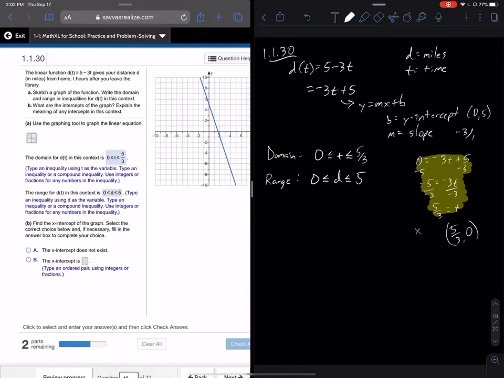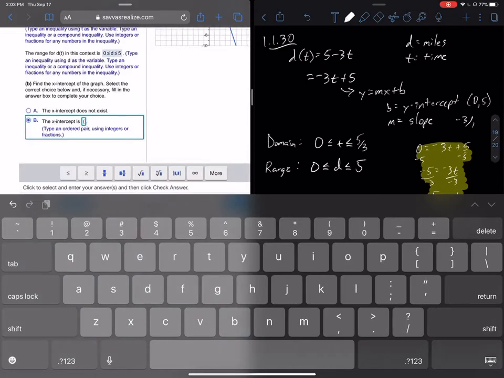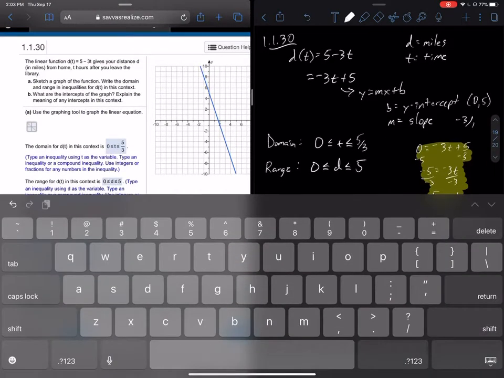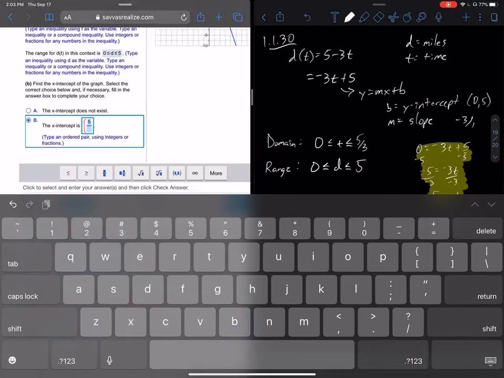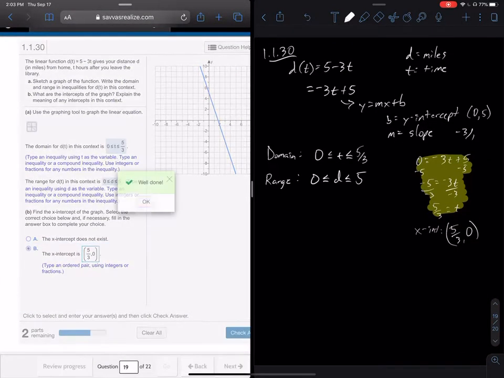So this is my x-intercept. So the x-intercept is, I'm going to write this as a coordinate point, so it's going to take me a second. Now we make that a fraction, 5 over 3. Add the comma, 0, close our parentheses, and that should be good.